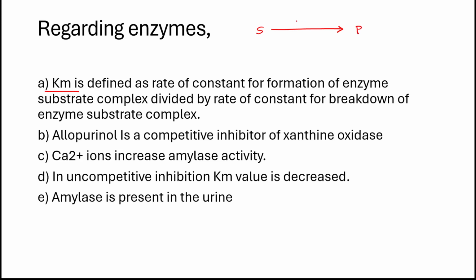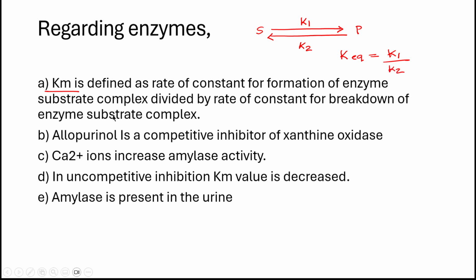The forward reaction is defined by the reaction constant K1, whereas usually enzymatic reactions are reversible. So the products will react back to form the substrate. That rate constant is given as K2. The equilibrium constant is K1 by K2. That is something that we know through our chemical kinetics as well.